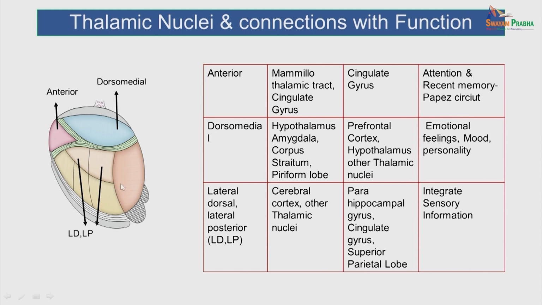Then we have the dorsal medial nuclear complex. The afferents are connected to the hypothalamus, the amygdaloid body, the corpus striatum and the piriform lobe, a part of which is a part of the limbic system. The efferents are connected to the prefrontal cortex of the cerebral hemisphere, the hypothalamus and other thalamic nuclei.